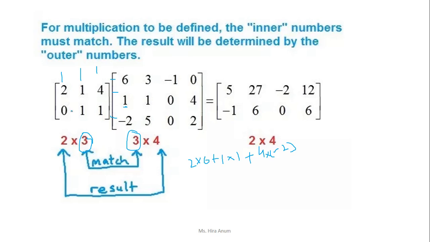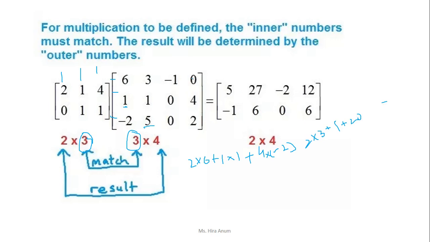You can write other with this column, it will become 2 cross 3 is this, plus 1 multiply with 1, it is 1, plus 4 multiply with 5 is 20.